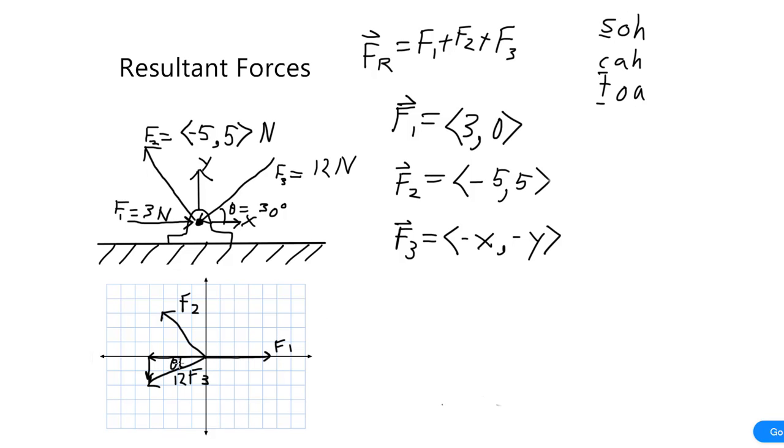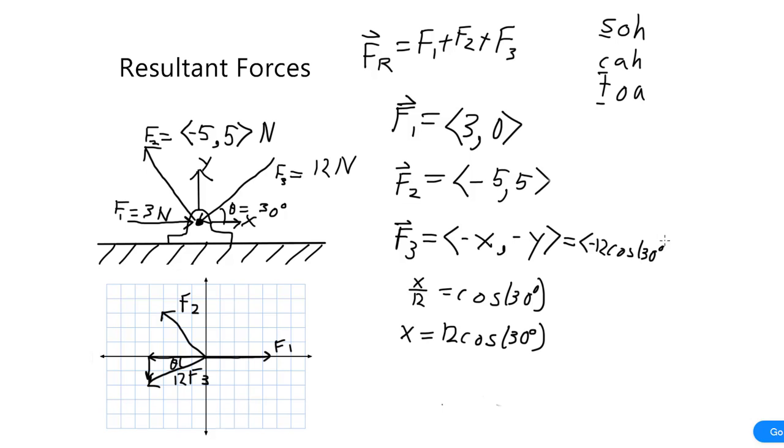If we think about cosine, cosine is just going to be x over the hypotenuse, which is 12, and that equals cosine of 30 degrees, because that's what theta is. If we rearrange for x, we multiply the hypotenuse to the other side and get x equals 12 cosine of 30 degrees. So in the end, our component is going to be negative 12 cosine of 30 degrees.